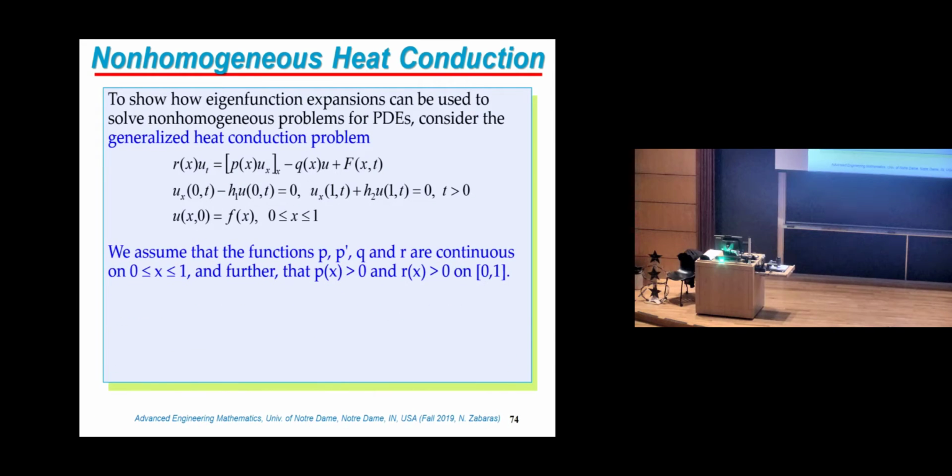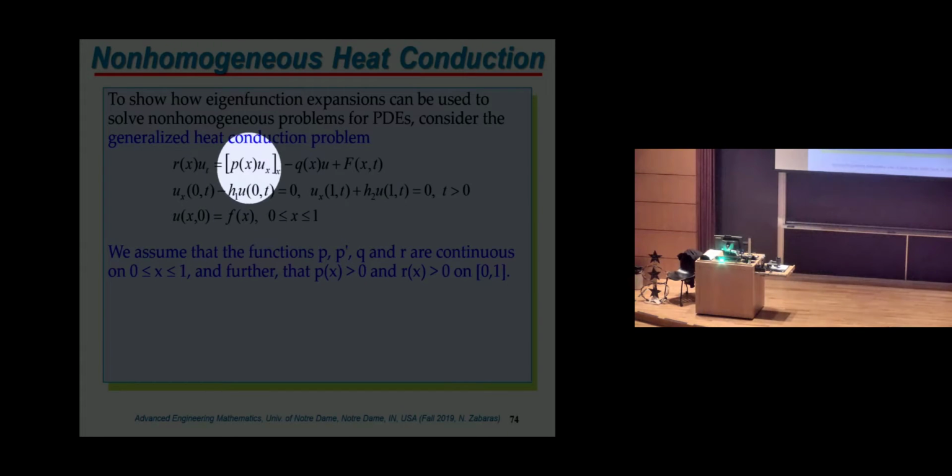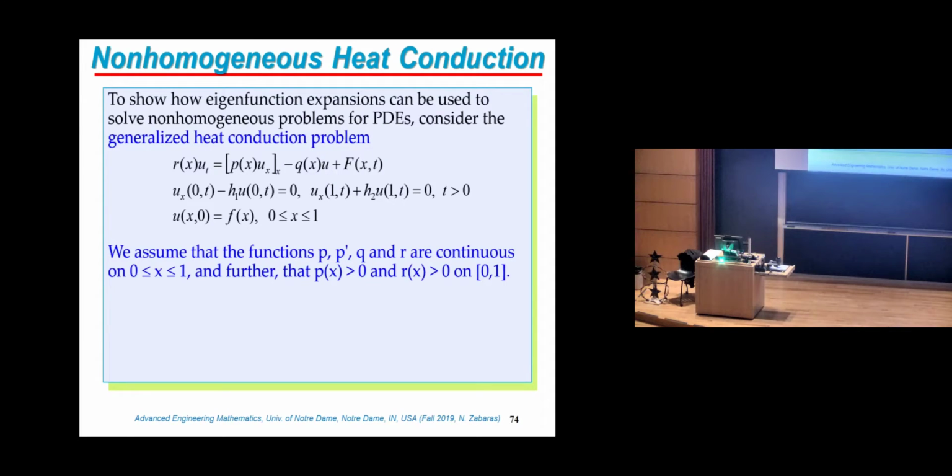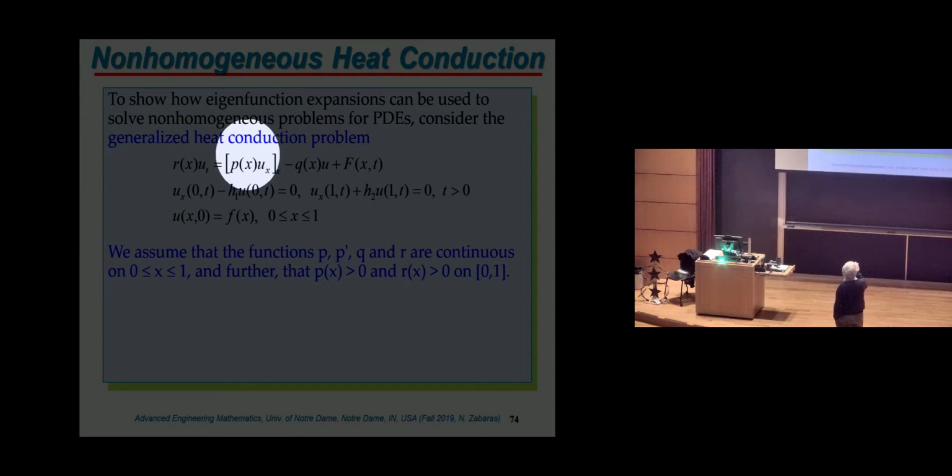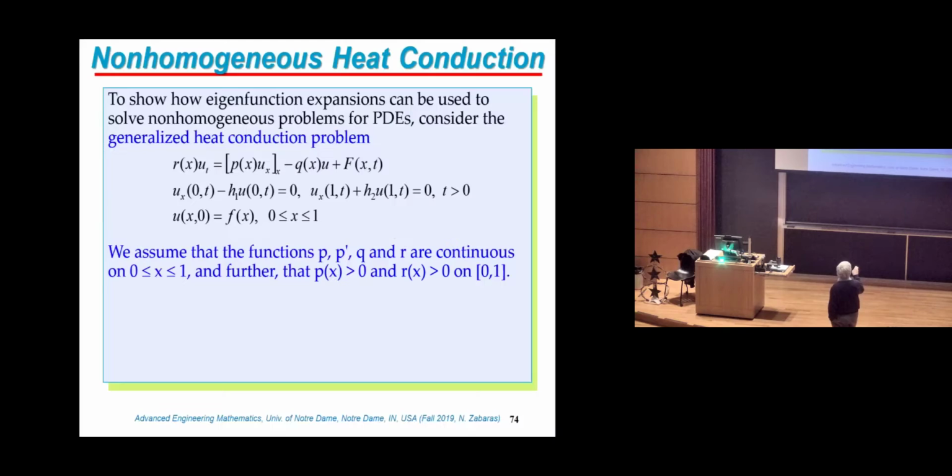I remind you that when we work on these problems, we assume some regularity conditions. You can see here there is the first derivative of P, so P and P prime and Q, and I don't know about the source term F, it doesn't look very relevant, but they have to be continuous on the interval that you're solving. Also the conductivity P has to be positive and R has to be positive.